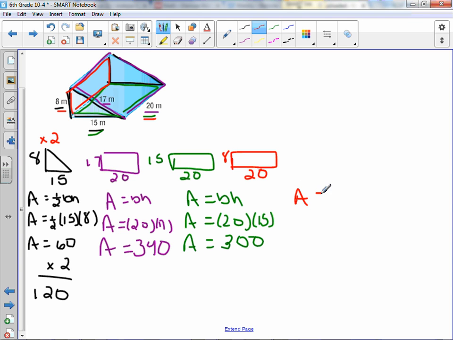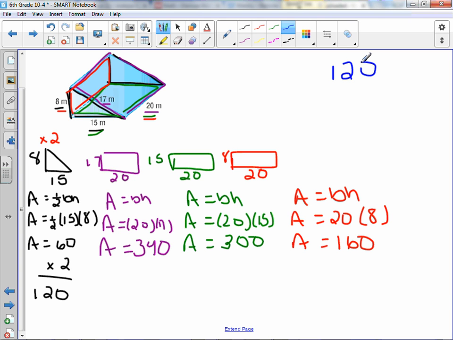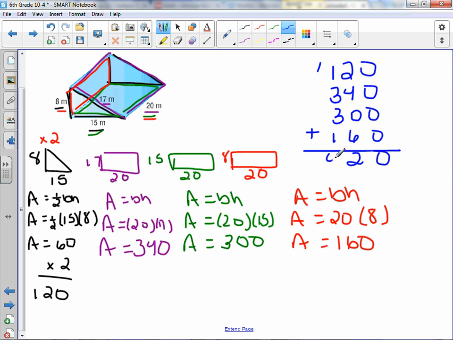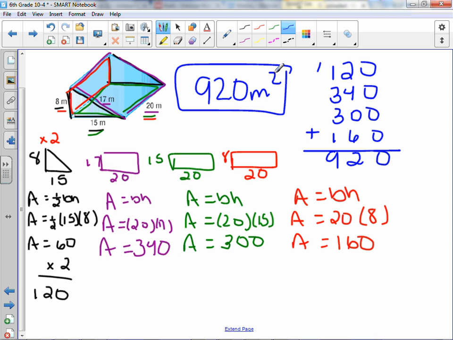Our last rectangle, area equals base times height. Area equals 20 times 8. Area equals 160. Take all the amounts and add them together. 120, 340, 300, and 160. So we get a total area of 920 meters squared, and that is the surface area.